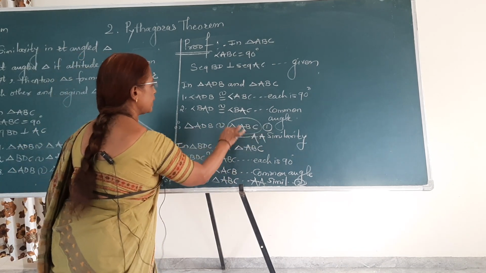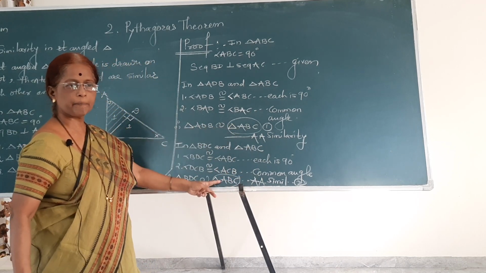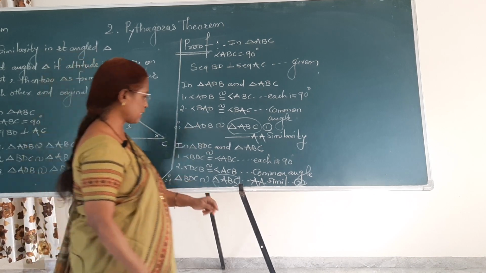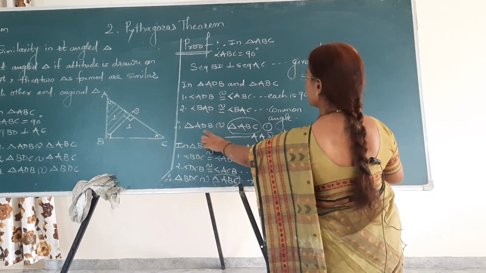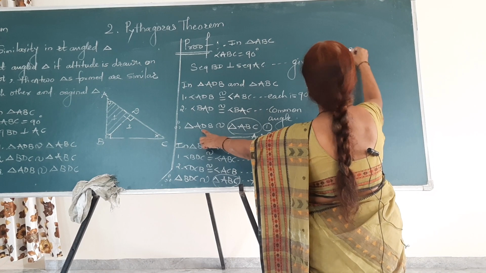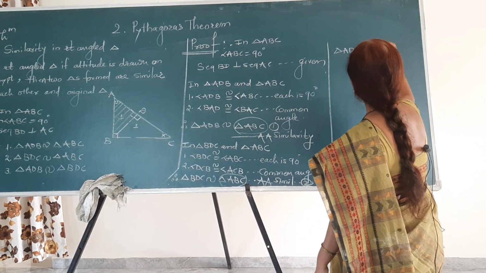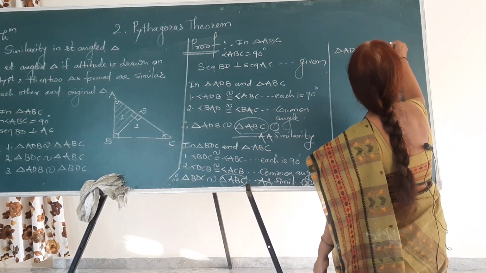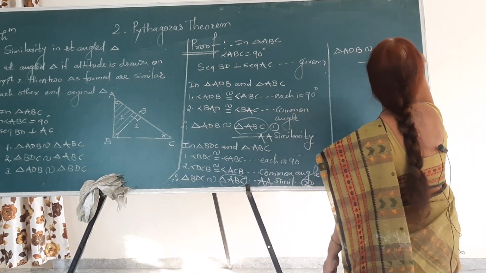See, triangle ABC and triangle ABC, they are one and the same here. Means we can show LHS are also similar to each other. So we will write here triangle ADB is similar to triangle BDC, and this is our third equation.